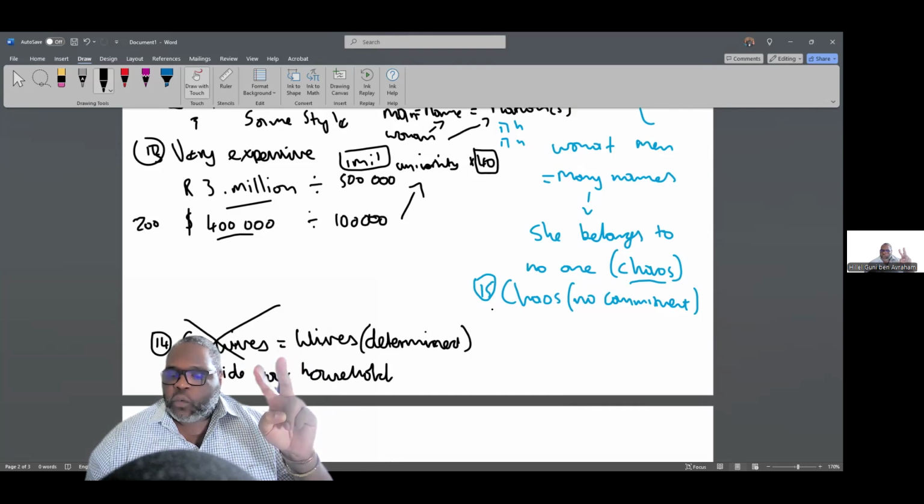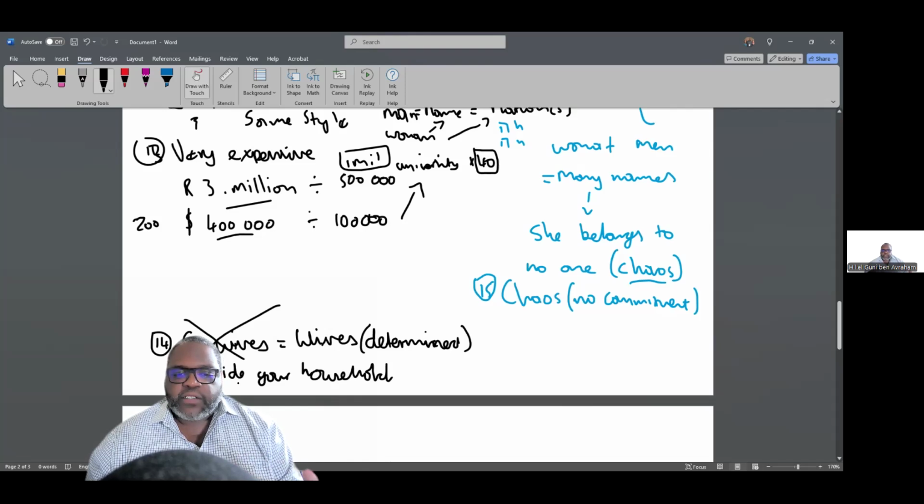So if you have two wives, there's a risk that they will compete amongst themselves. So the Talmud teaches us that if you're going to have two, add number three so that it becomes a community and no one is fighting among themselves. So please, instead of two, add one, have three.